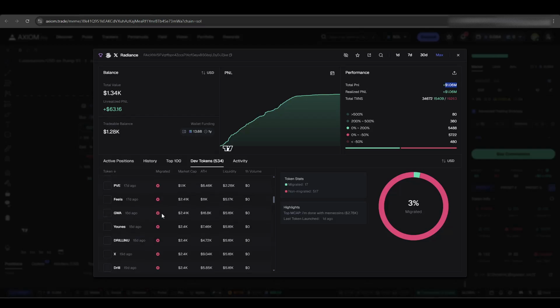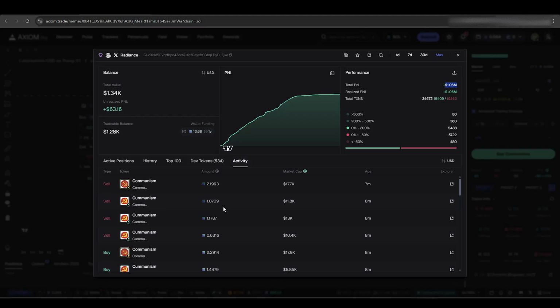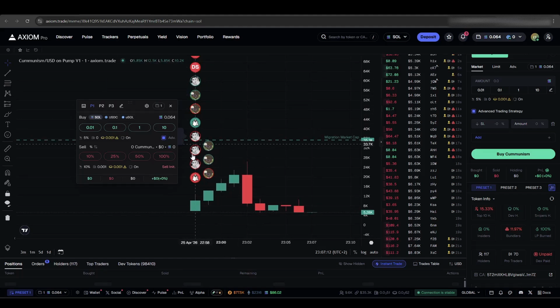If he ever released any tokens by himself, you will see it here in dev tokens. And then activities just shows you basically the last actions this wallet did. Like 7 minutes ago, he bought exactly this coin, which we are looking at right now. And so if you have basically real people buying, it's already a good sign.